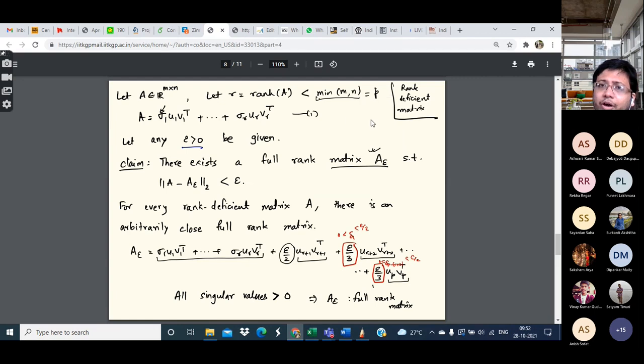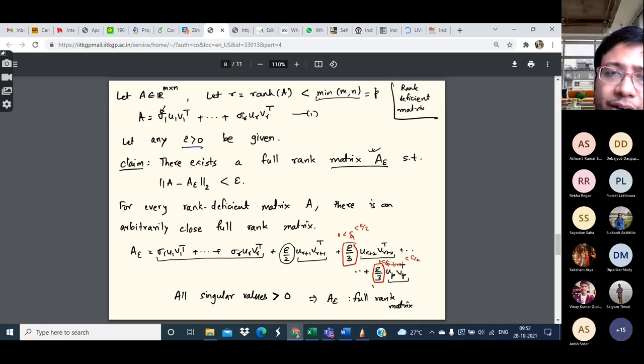However, that does not mean that u_{r+1}, v_{r+1}, u_{r+2}, v_{r+2} and so on do not exist.